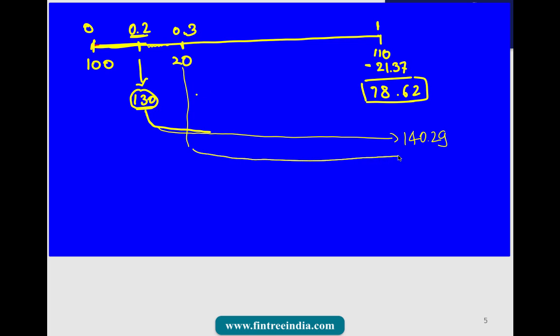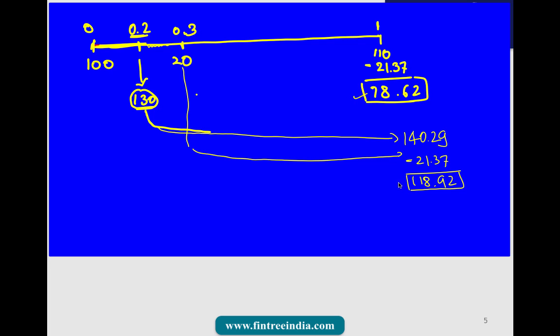So we will take the future value of that dividend, which would be same as 21.37, and the difference between the two would be 118.92.